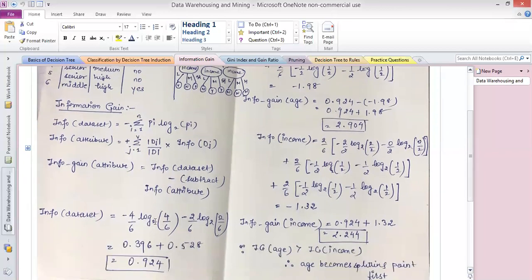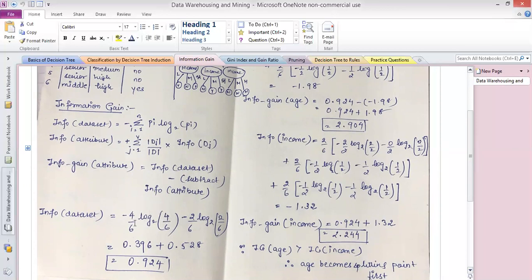Now using a calculator, I just help you understand this log 4 by 6 to the base 2. How do you calculate it? What I did is I first calculated 4 by 6 log to the base 2. You have to understand that there's a difference between base 10 and base 2. Hence, log 4 by 6 to the base 2 is going to be log 4 by 6 divided by log 2. And that's how you get the value. You multiply it by 4 by 6.